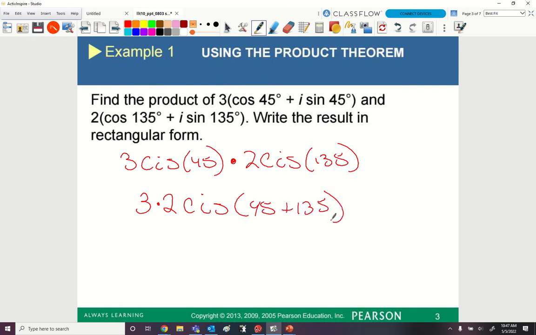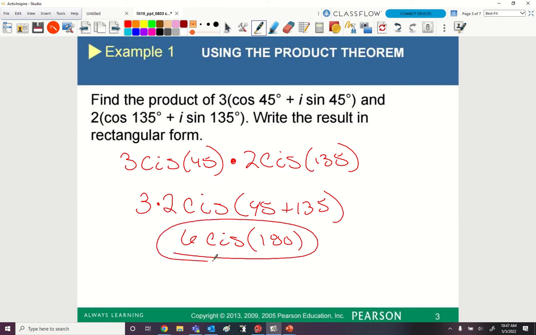So when I put those together, 3 times 2 is 6 cis of 45 plus 135, which is 180. There we go. Circle it. It's done.